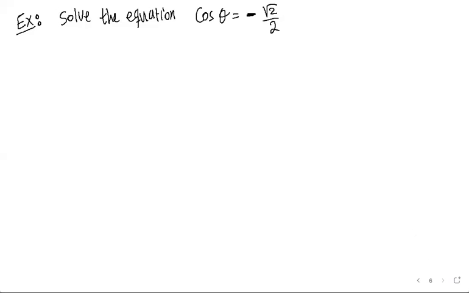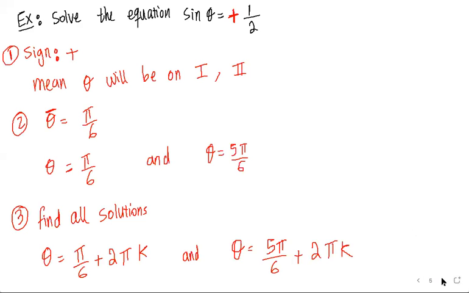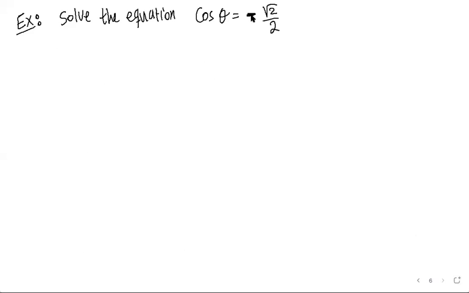So step by step, first step, the sign. This sign means the quadrant. This means in which quadrant the angle is. The sign is negative. The cosine would be negative, since the sign is negative. It's quadrant 2 and 3.